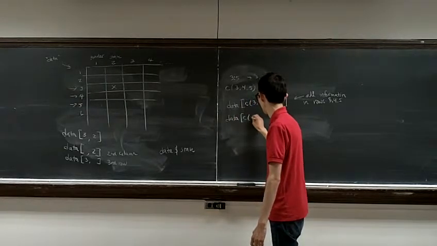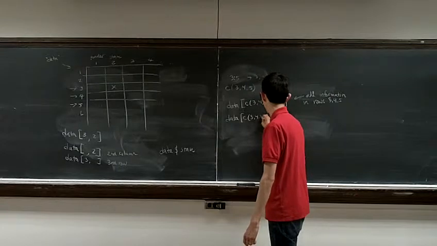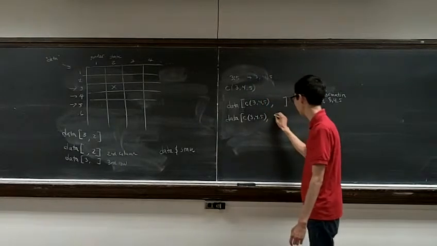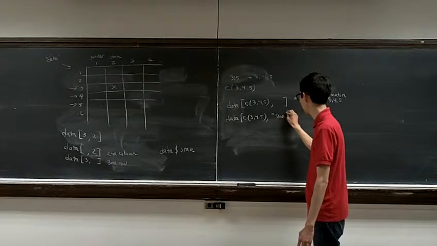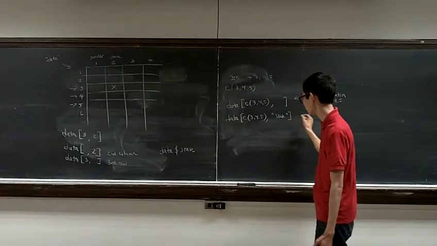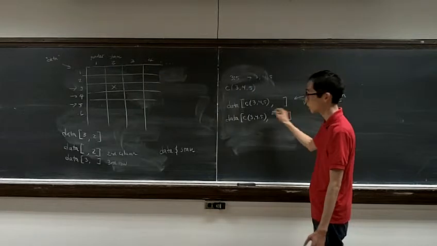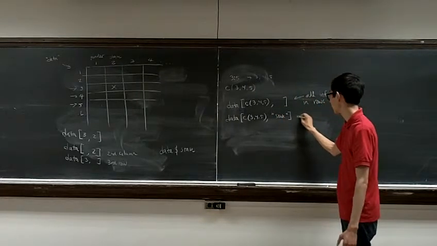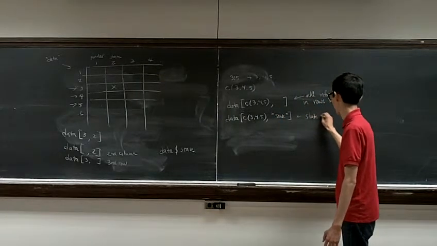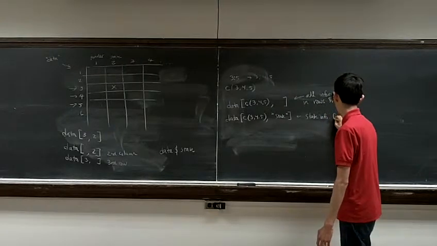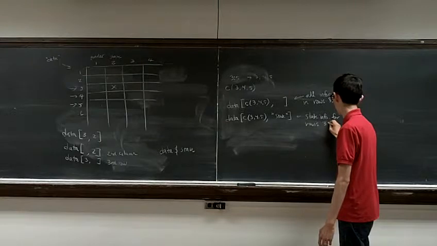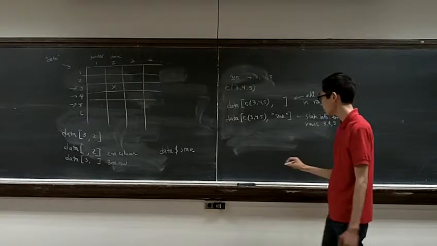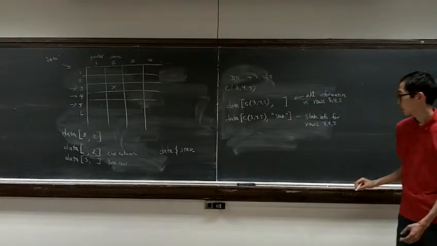Okay, I can say C3, 4, 5, and I can say 2, or I can indicate state. There's a few ways I can do this. I could do it this way, and this will give me just the state information for rows 3, 4, and 5. And you don't have to put the $ sign in front of it?